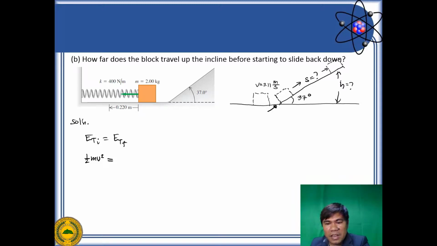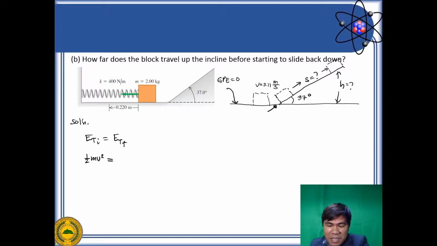Now in the final state, since the speed is now 0, the kinetic energy is 0, and as we know also, the spring is not present, so therefore the elastic potential energy is also 0. But since there is a height with respect to the ground, remember that we set the horizontal surface to be the point where the gravitational potential energy is 0, that's our reference.